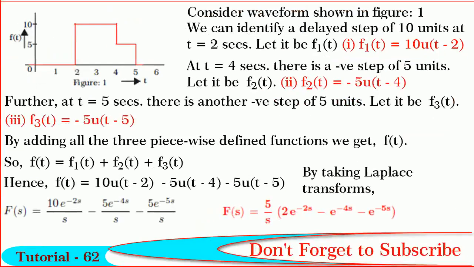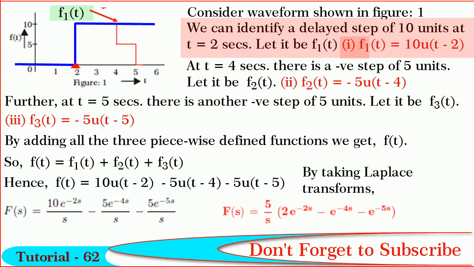So friends, first consider the waveform shown in figure 1. Observe the waveform. We can identify a delayed step of 10 units at t equal to 2 seconds. Let it be f1(t), and f1(t) is equal to 10 u(t-2).